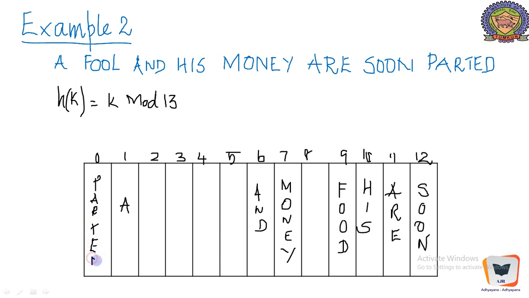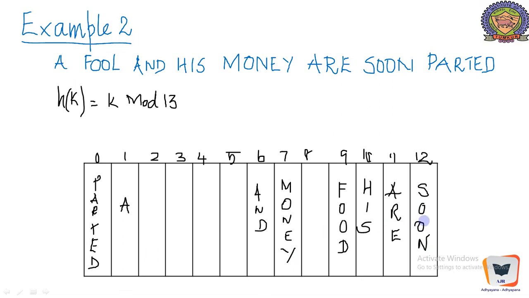Now, as far as searching is concerned, let us say parted will consume two comparisons, because parted has 12 as its hash value. So it comes over here, it is filled up with soon, therefore it searches by wrapping around.